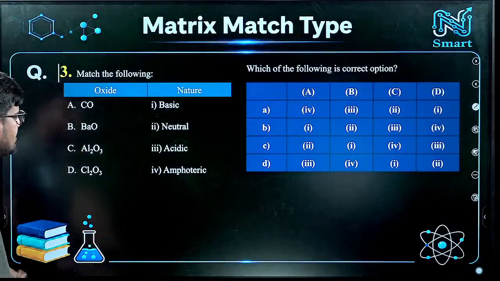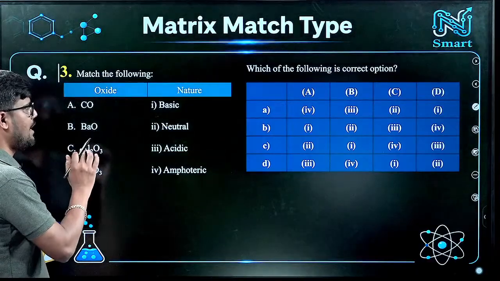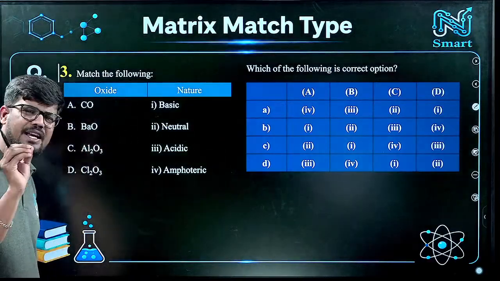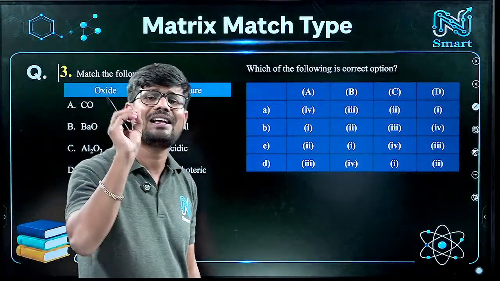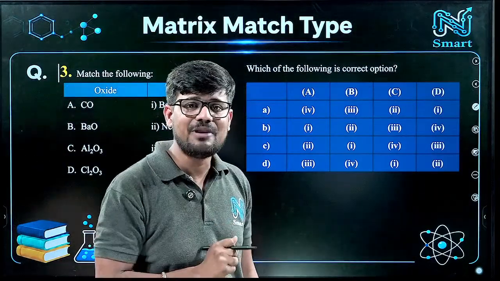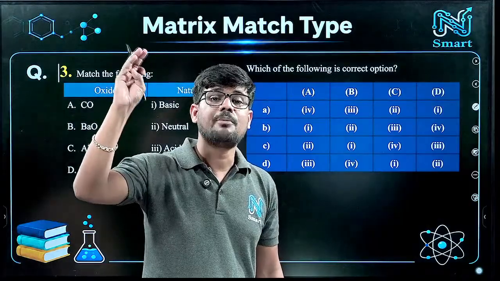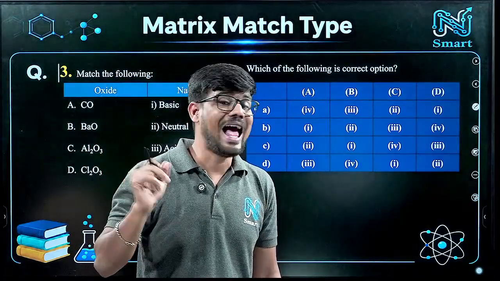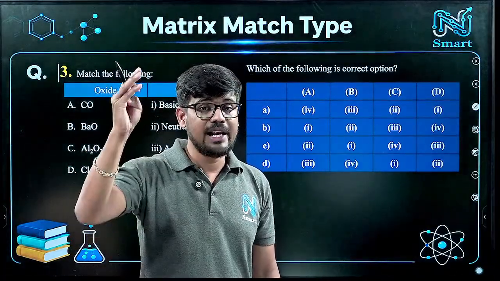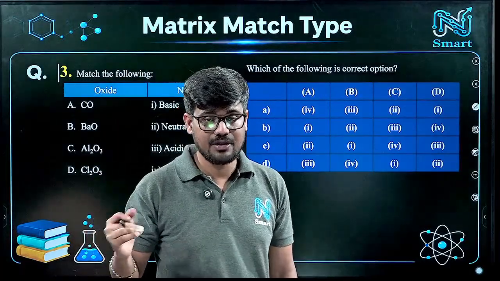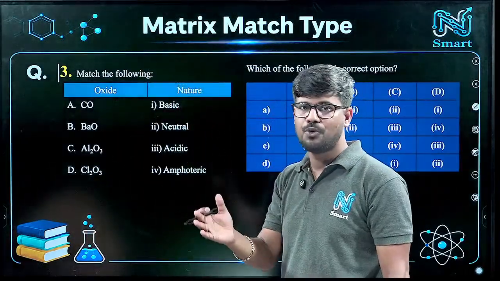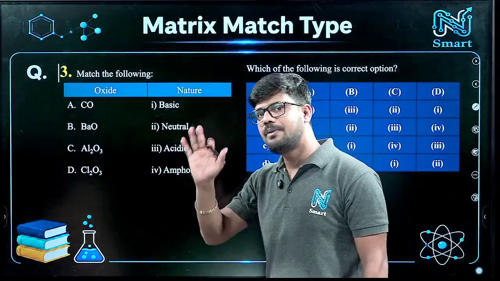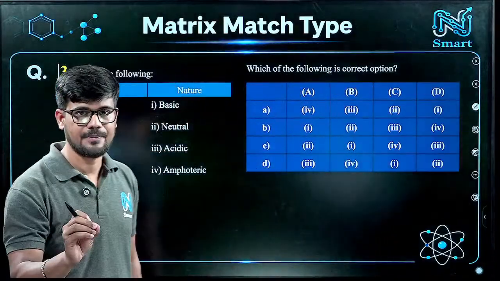Just see some examples. Whenever we see alkali metals or alkaline earth metals. Alkali metal means lithium, sodium, potassium, rubidium, cesium. Alkaline earth metal means beryllium, magnesium, calcium, strontium, radium, right? So basically this series, group 1, group 2, mostly they will form basic oxide.